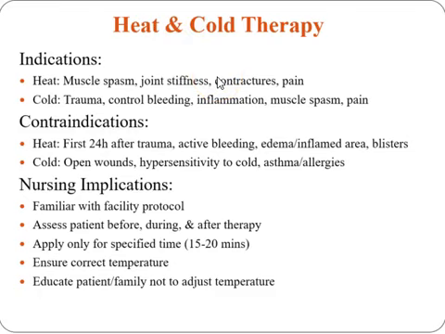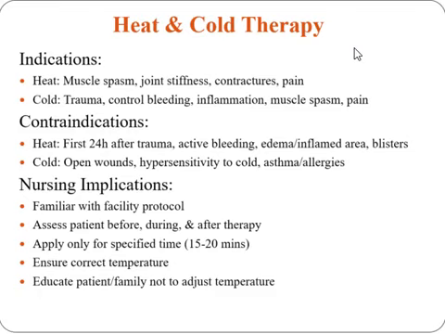So for heat, muscle spasms, joint stiffness, contractures, and pain. Where cold you want to use in trauma to control bleeding, inflammation, muscle spasms, and pain. So usually, heat for the first 24 hours after trauma is contraindicated, which means we don't want to use it.